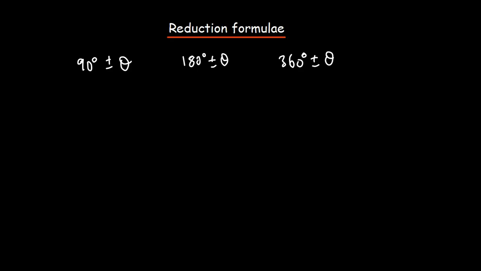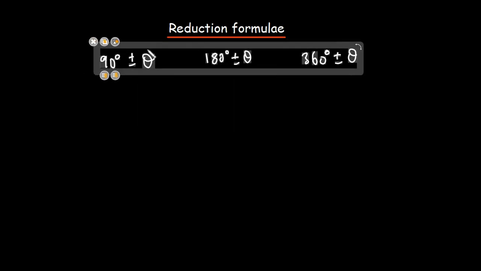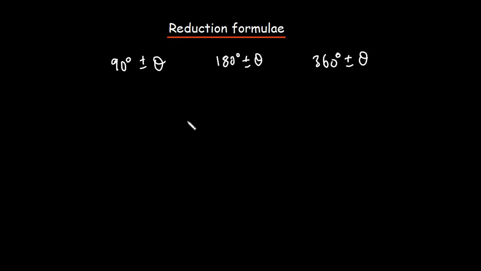It's only 3 angles that we are using to reduce. These are your 3 reduction formulae. Obviously, because they will put plus or minus, we can say there are 6. But what is the whole purpose? Why are we reducing? Why is it called reduction formulae?